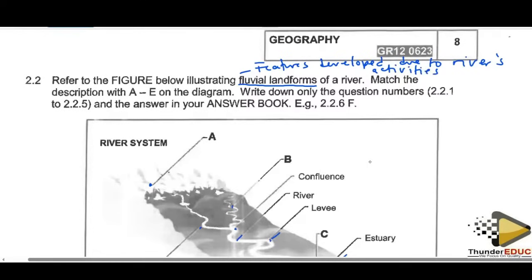It simply means that when a river is flowing, it is carrying out activity, or it is doing work. In this case, those activities include erosion, transportation, and deposition. If it does so, it will end up developing different features along its course. And these features are what we refer to as fluvial landforms.